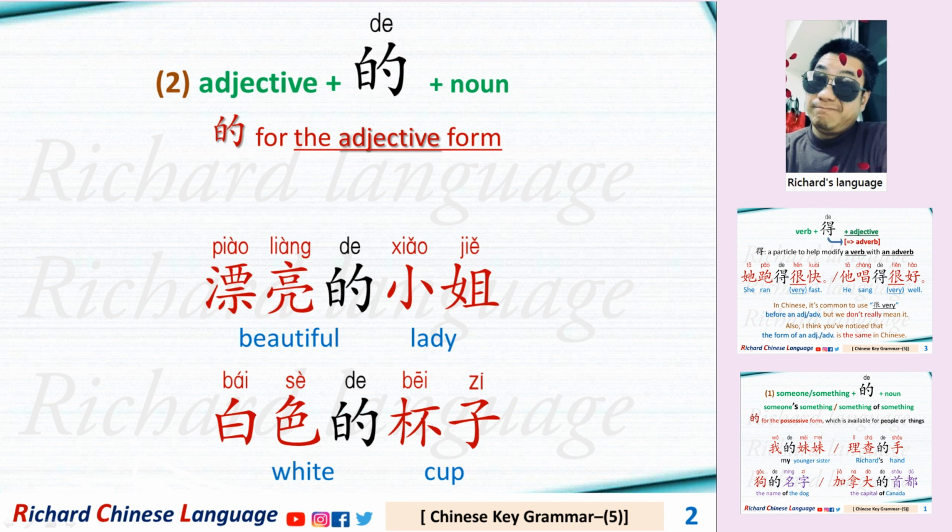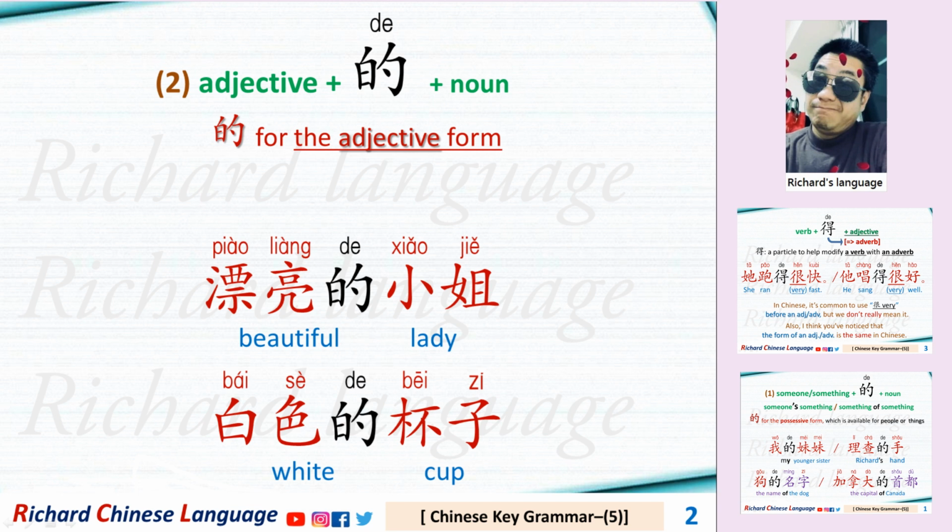Okay, I'll give you some examples. 漂亮的小姐, beautiful lady. And you can see I use 的 after 漂亮. Then it becomes an adjective, 漂亮的, and then you can modify a noun.